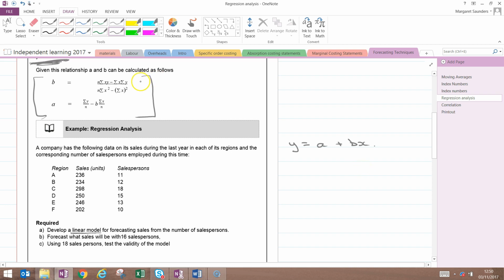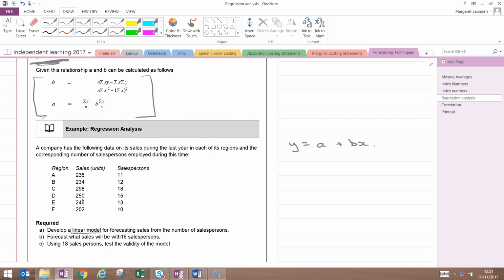Now looking at these formulas up here for the calculation of the values of a and b, it incorporates x and y. So x will be the independent variable and y will be the dependent variable.